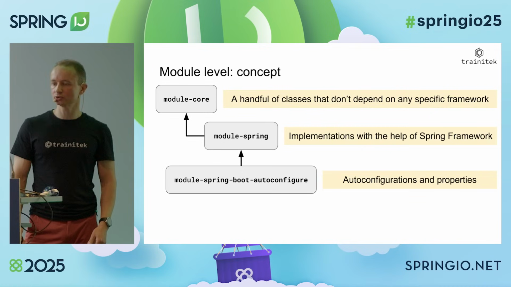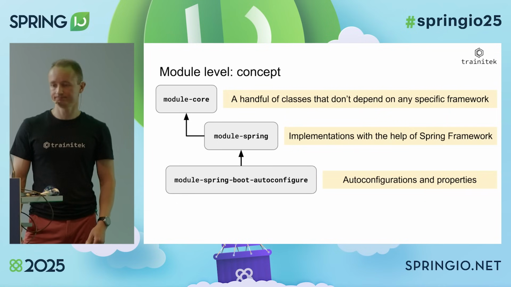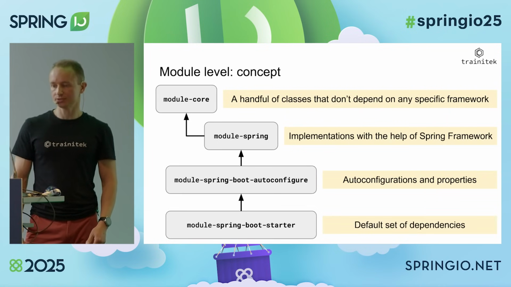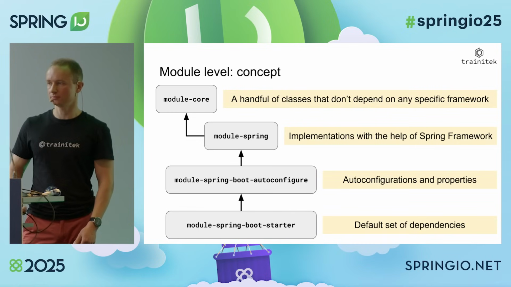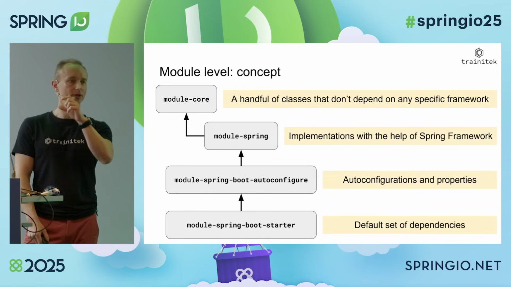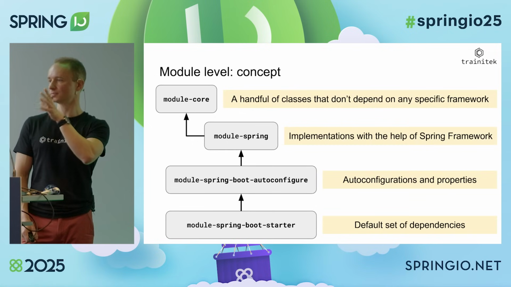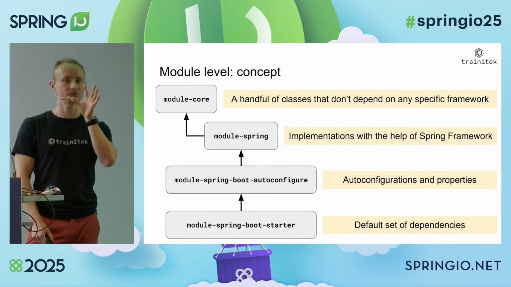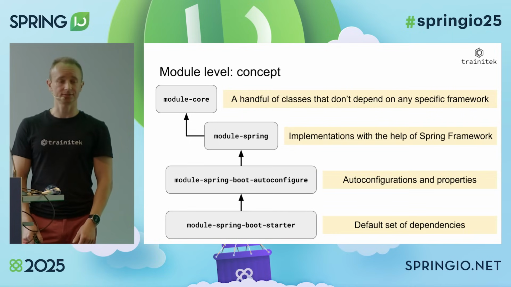Next one, Spring Boot auto-configure, contains only auto-configuration classes and properties. And the Spring Boot Starter, which provides a default set of dependencies. It's a kind of tiny module. If you ever looked at a Spring Boot Starter, usually it consists of two files, maybe pom.xml and what else?